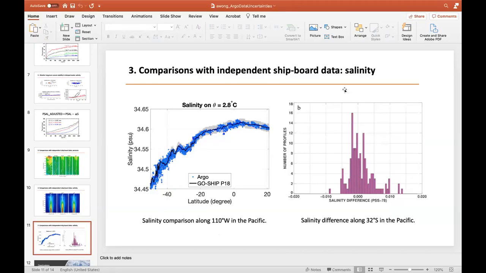It is because in several analyses we've done where we compare Argo salinity versus GoShip salinity on a stable isotherm in areas of the ocean that are very stable, very uniform with very little variation, invariably, in general, we find that Argo salinity differs from GoShip salinity by about plus or minus 0.01 in salinity units. And so, because GoShip salinity is very accurate, we consider it a good reference. And so we quote Argo salinity uncertainty at 0.01 in our data files.